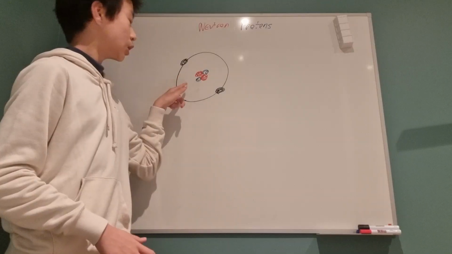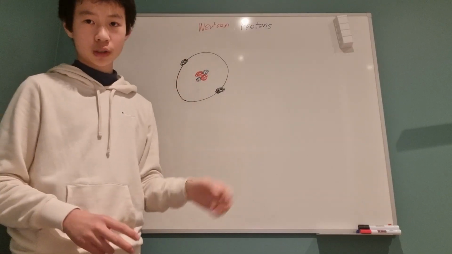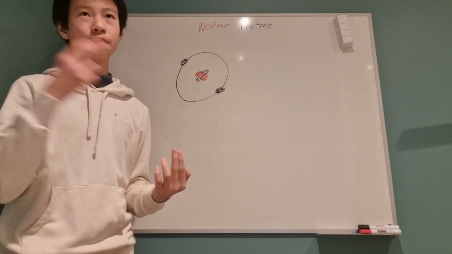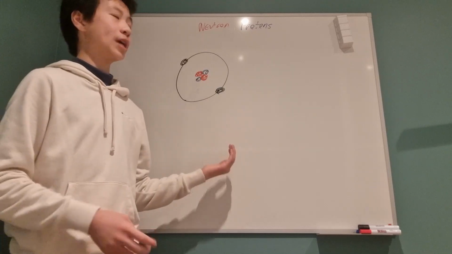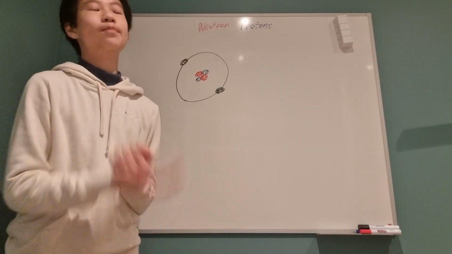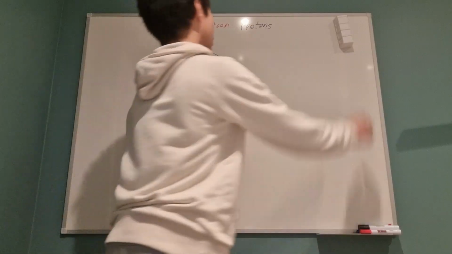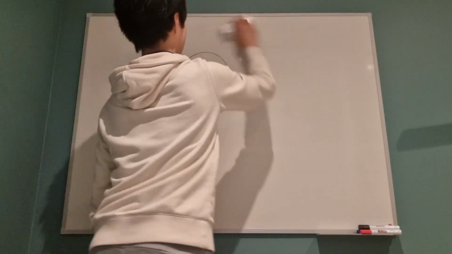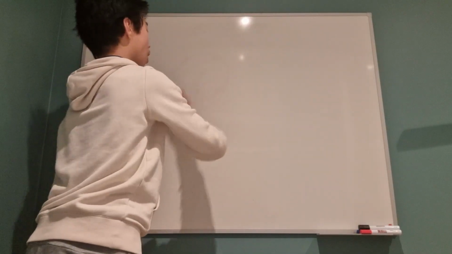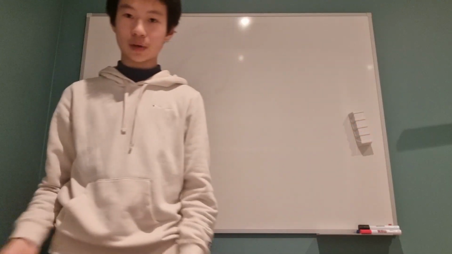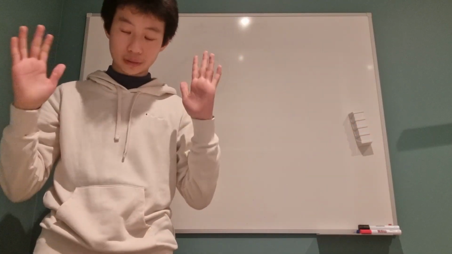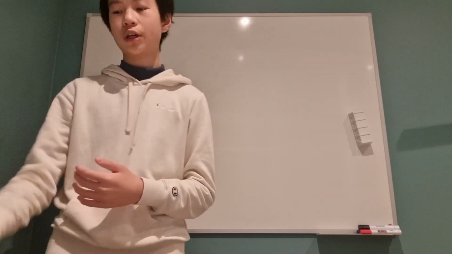And looking at this, two protons and two electrons is two of each, positive and negative, which doesn't make it an ion because it balances each other out. So what is so important about this? You might be wondering, why am I going over the basics of atoms? And you might already understand it.